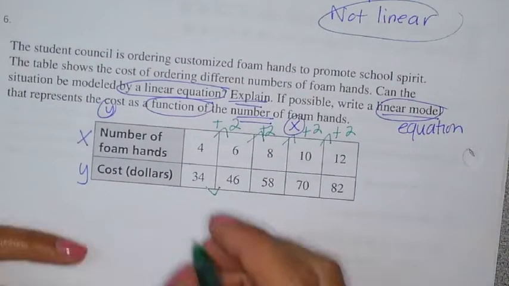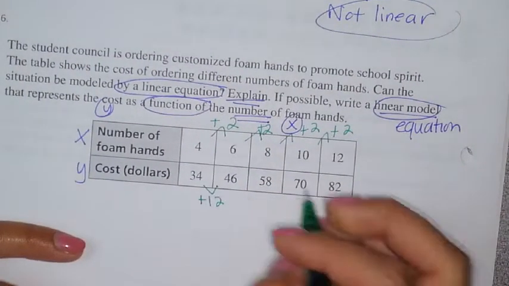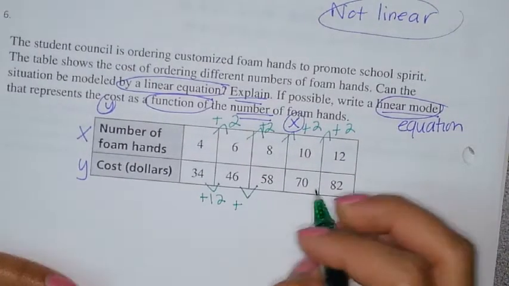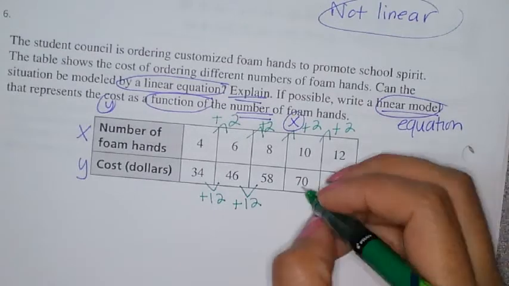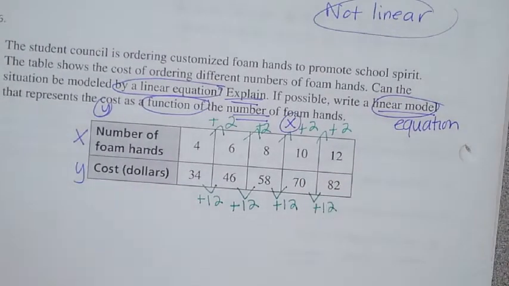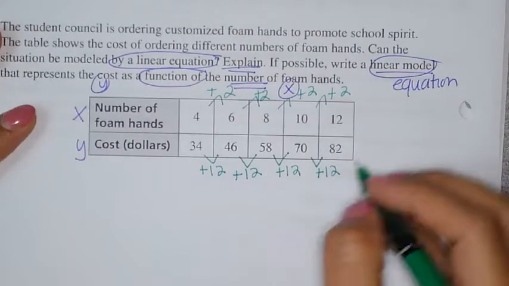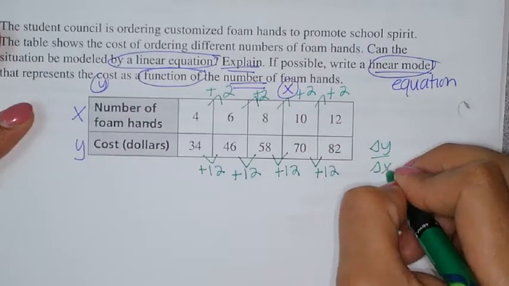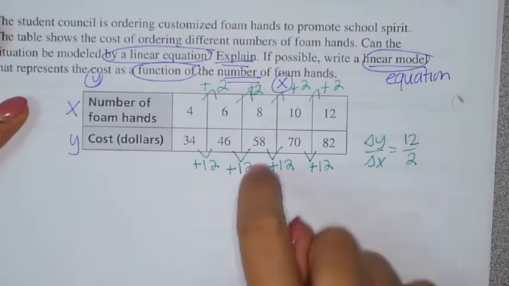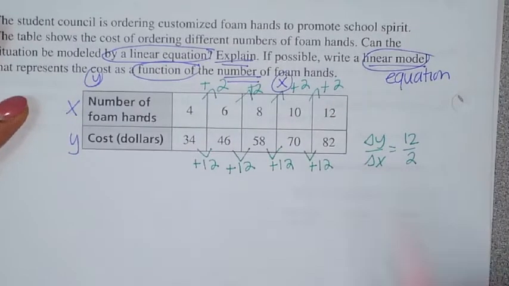This one would be plus 12, also plus 12, plus 12, plus 12. So if I do the change in y over change in x, in all of them I would have 12 over 2, 12 over 2, 12 over 2, 12 over 2, 12 over 2.